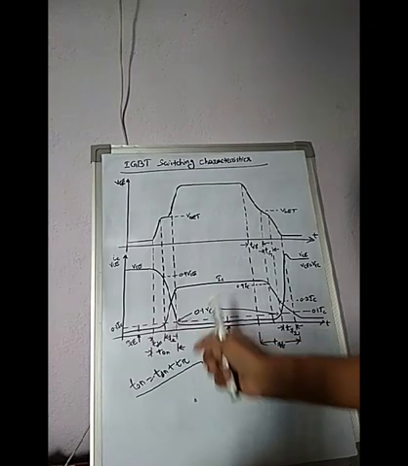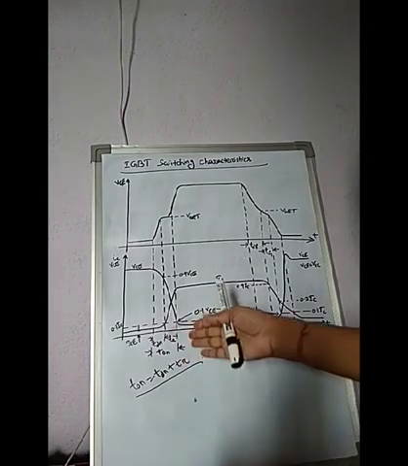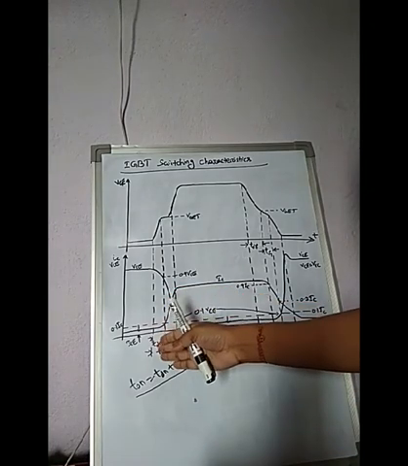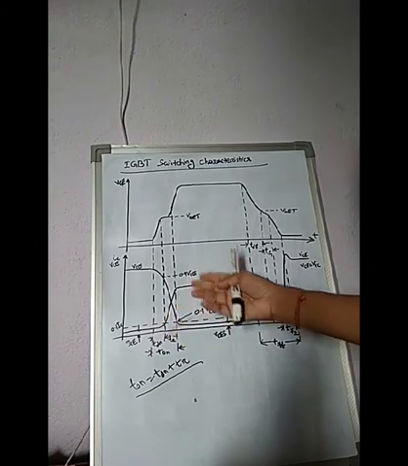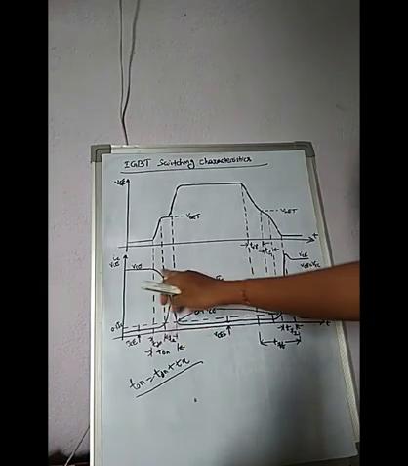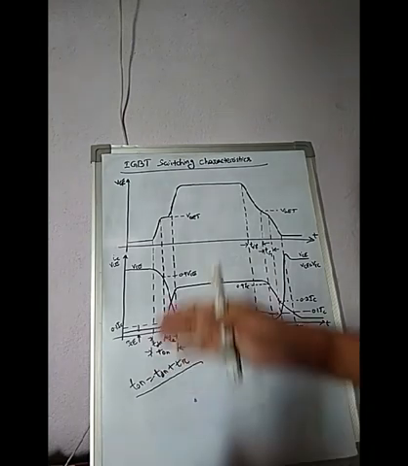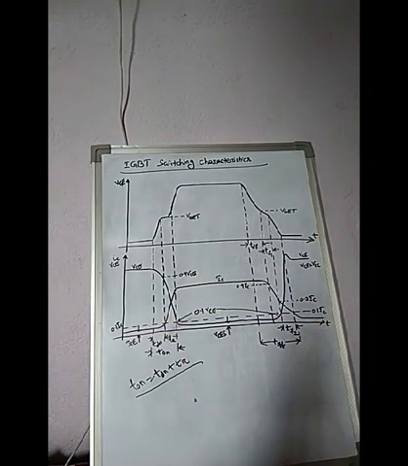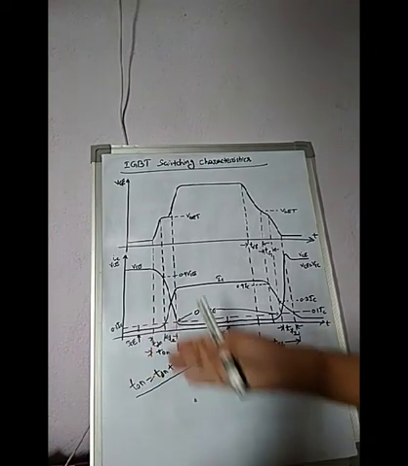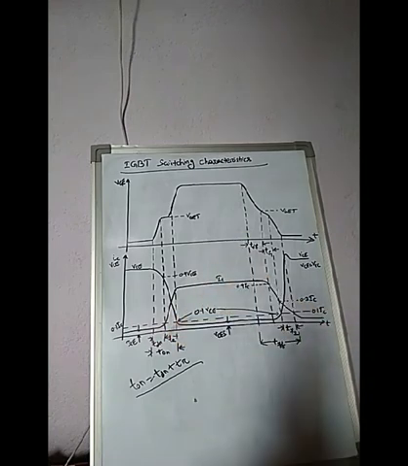So during this TDN, IC changes from ICE to 0.1 IC and VCE changes from VCE level to 0.9 VCE level. Okay, so here IC is the final value of collector current, ICE is the initial leakage current.